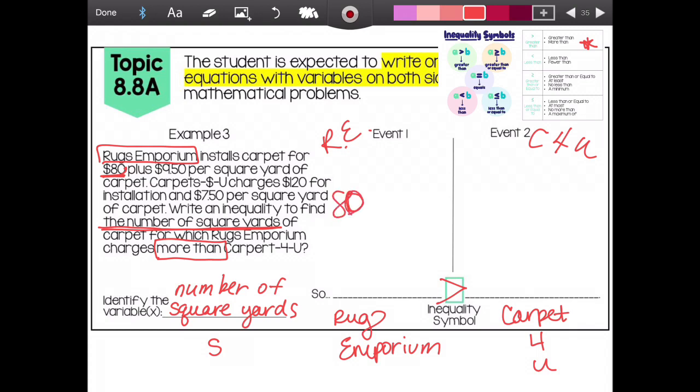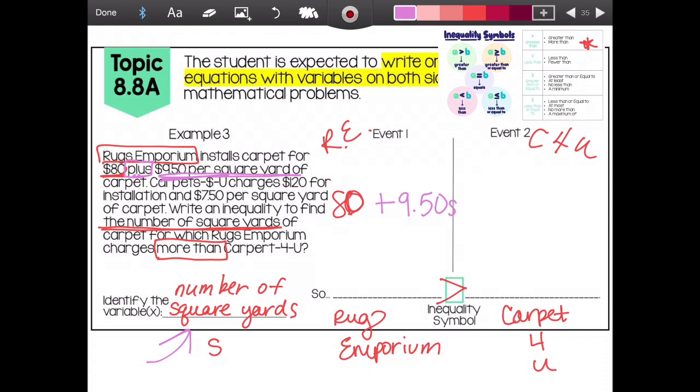Then it says plus $9.50 per square yard. Do we know how many square yards? No, and again, going back, that's our variable here. $9.50 though is the coefficient. So that represents $9.50 S. Okay, so that's Rug Emporium.